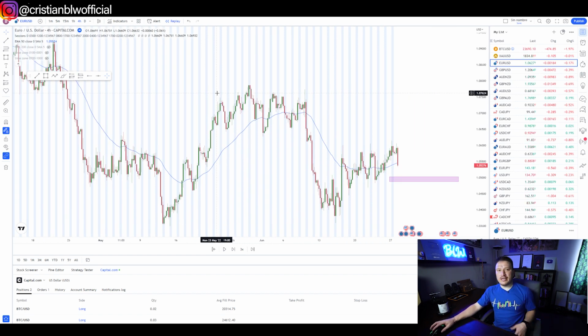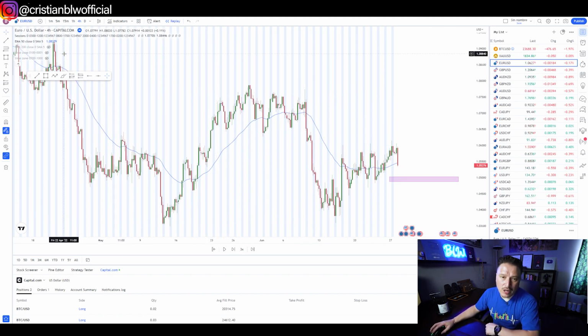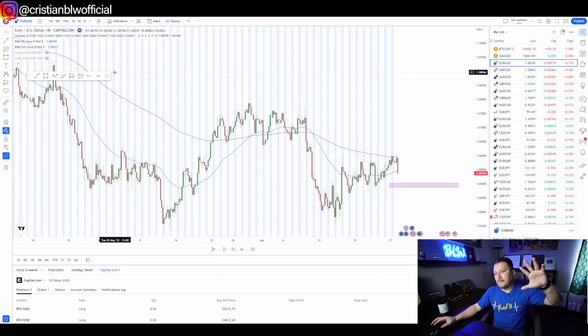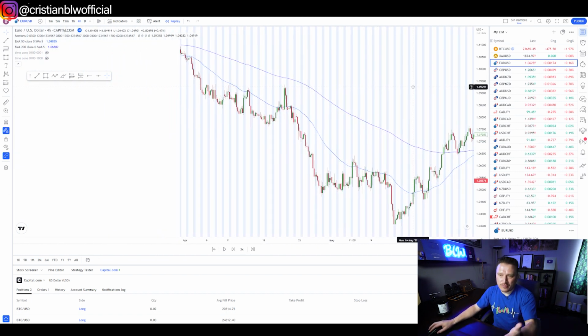Now, there are some other indicators that you can use in order to determine what's going on, like the 200 EMA, but it gives you a bigger picture of what is a good downtrend or uptrend. You can use any of them. Let me give you a few differences.